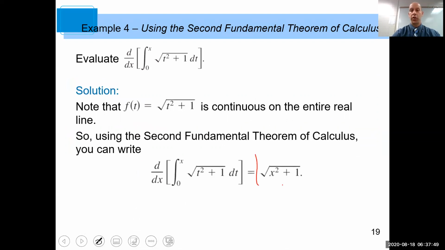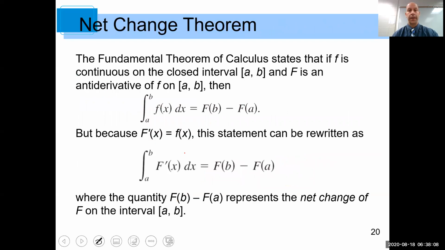So just change this t to an x and you're done. By the way, this 0 could have been any number and it would have given us the same answer. But we have to be careful, if this isn't just x, if that was x squared or something like that, then that changes the answer using something called the chain rule.